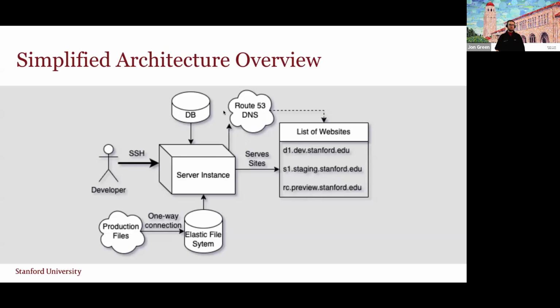What the scripts do is modify the DNS in Route 53 so that we can programmatically create these second level subdomains and create as many development instances as we need.